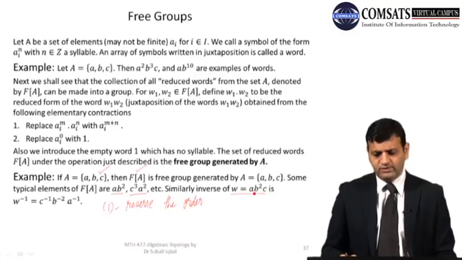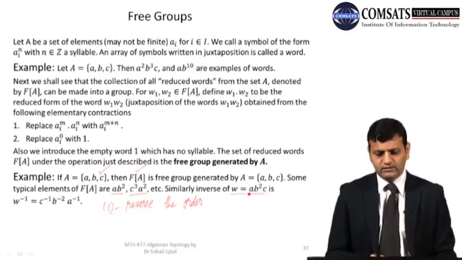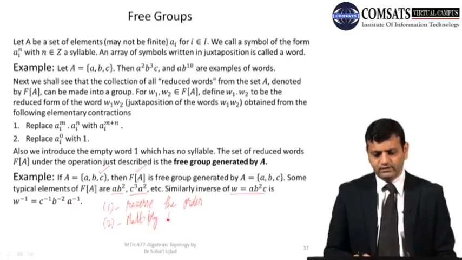If it is a b square c, then start from c, so c b a. And then the second step is multiply the powers by minus 1. So after following these two operations we get the inverse of a word.